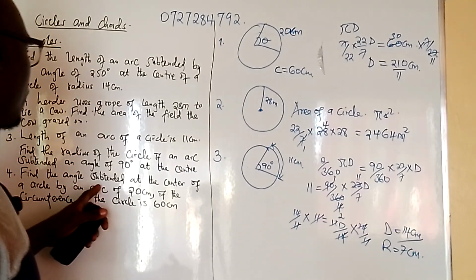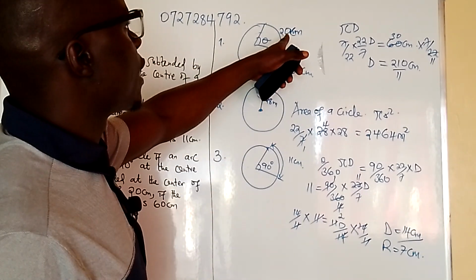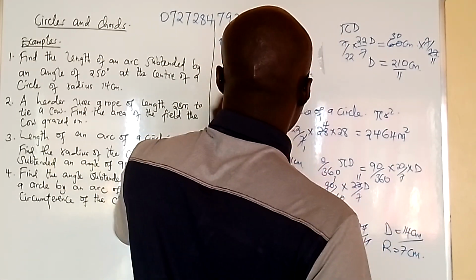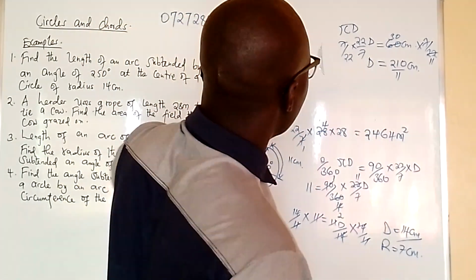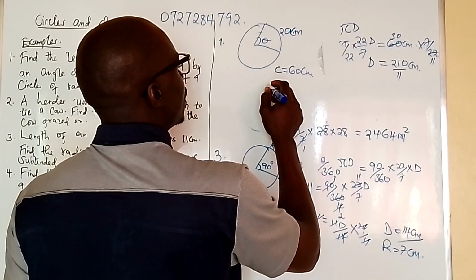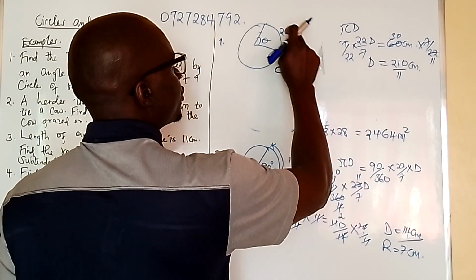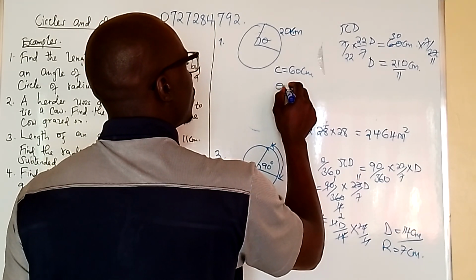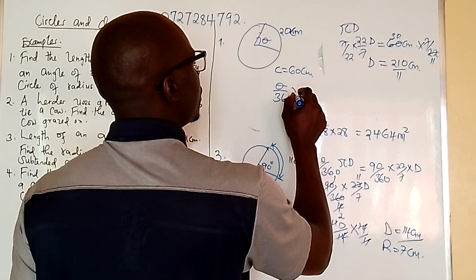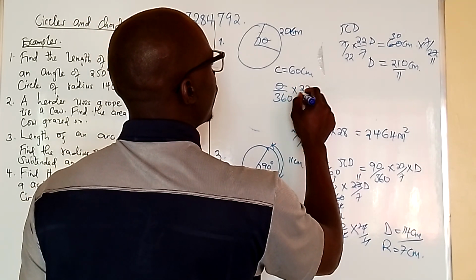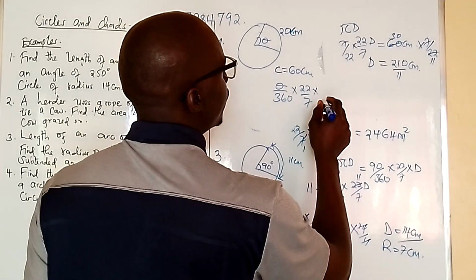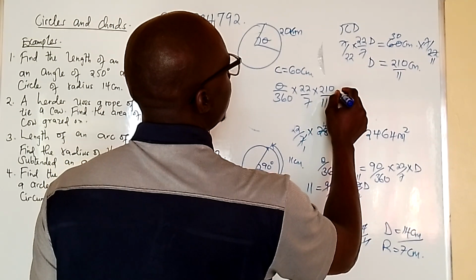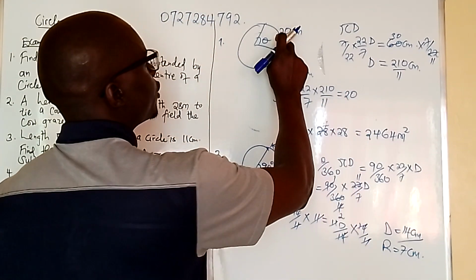The question wants us to find the angle subtended by this arc of length 20 centimeters. So it is now very possible to find that. The formula for getting 20 centimeters, which is the length of the arc, is theta over 360 times 22 over 7 times the diameter, which is 210 over 11, is equal to 20 centimeters.